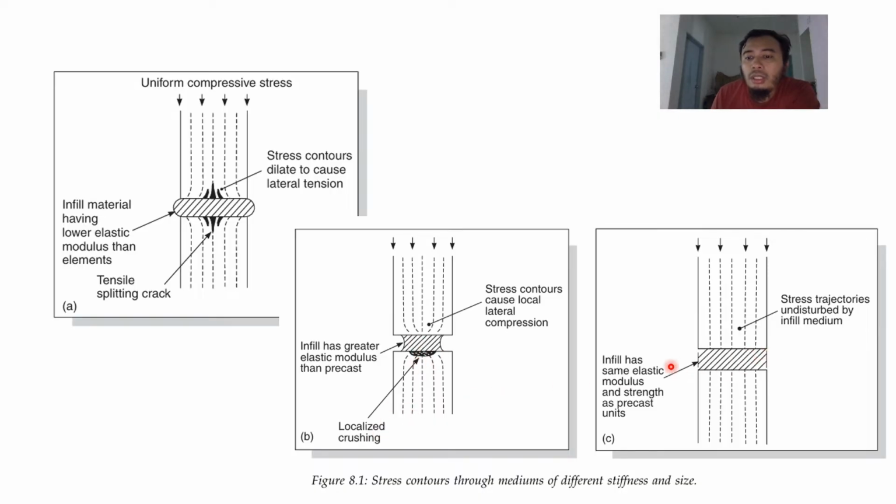So it is important that the infill has the same elastic modulus and strength as the precast unit. So the trajectory of the load will be uniform from top to bottom, as you can see the trajectory of the load here.